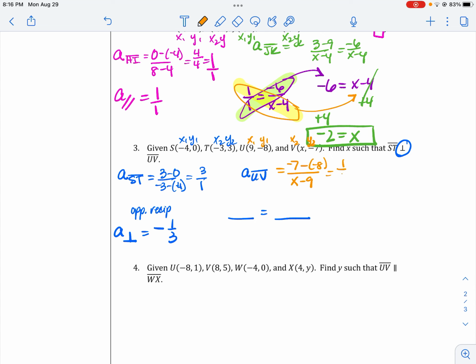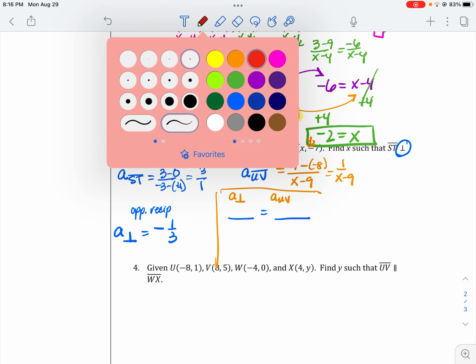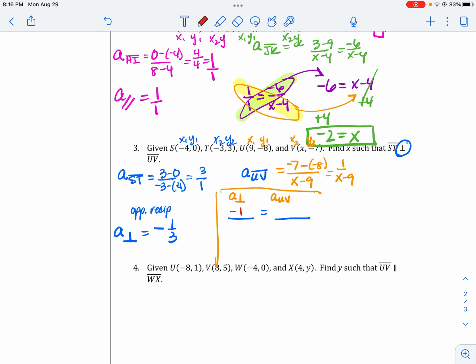That's 1 over x minus 9. So this is my perpendicular slope, and this is my slope of UV. That's what I'm putting right here. So my perpendicular slope was negative 1 over 3, and this is 1 over x minus 9.